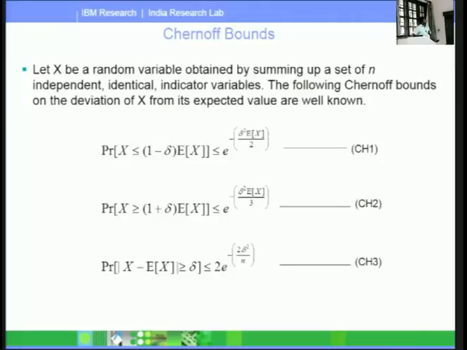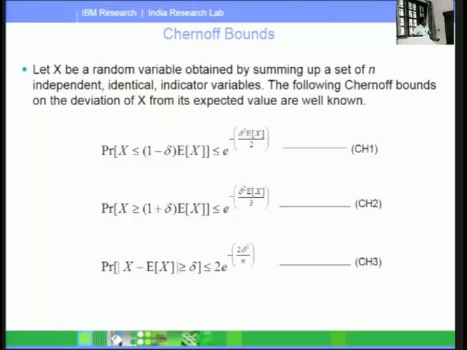What it tells you is, if you have a random variable which is the sum of n different random variables which are independent and identical, then the Chernoff bound tells you the probability that the outcome of your experiment is very different from its expected behavior.